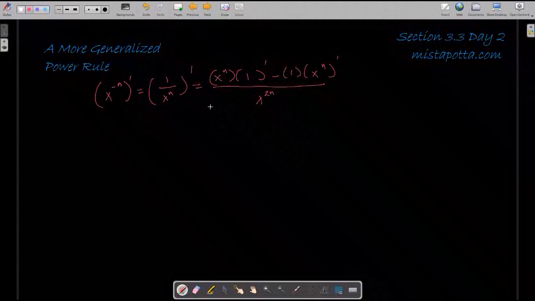And when I simplify, the derivative of a constant is 0, so this term goes away. I'm going to end up with negative n times x to the n minus 1, because that's just the derivative of x to the n, over x to the 2n.